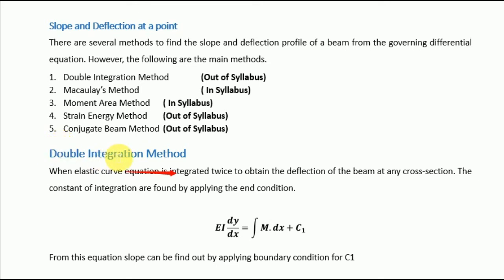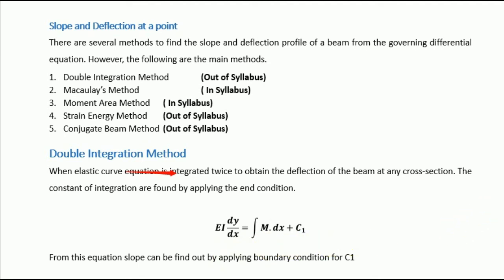As it is called double integration, it states that we integrate the double differential equation two times. Then we have a generalized equation, and as you can see, we already integrated the double differential equation, and then we found EI dy upon dx is equal to integration M dx plus c1, where c1 is a constant, and here the term dy upon dx is the slope of a curve at any point.